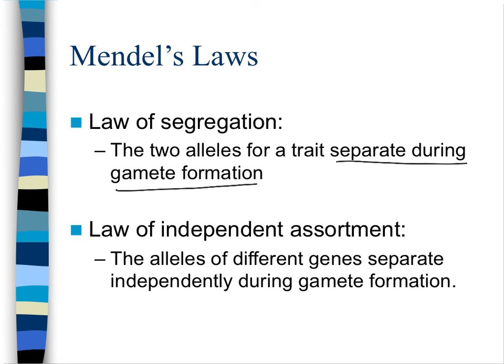He also discovered the law of independent assortment, which says that the alleles of different genes separate independently when gamete formation is occurring. Both of these laws pretty much govern how traits are passed for just about any gene, and so they ended up being a very important predictive tool for genetics.